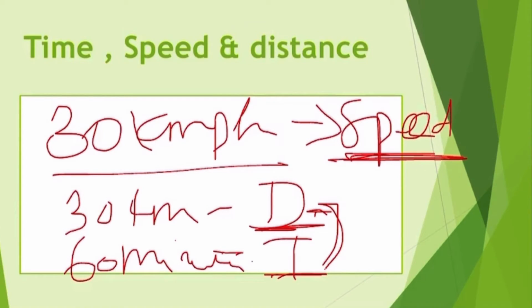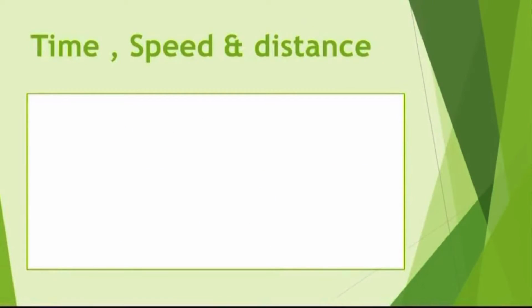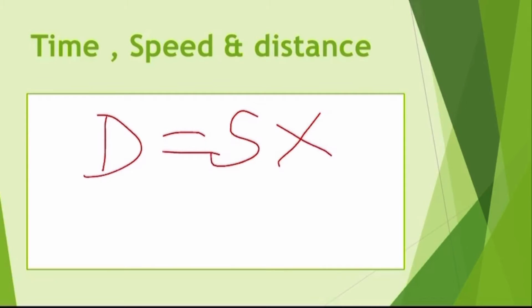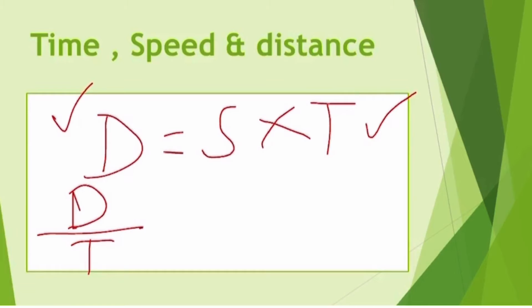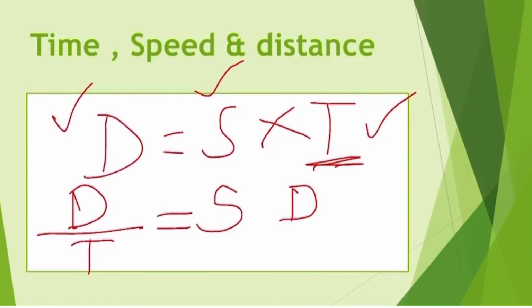Now we will see the formula related to this topic. First formula, distance is equal to speed into time. If distance and time are given, then the speed will be calculated as distance by time is equal to speed. Similarly, if the distance and speed are given and they are asking for the time, in that case, distance by speed will be equal to time.